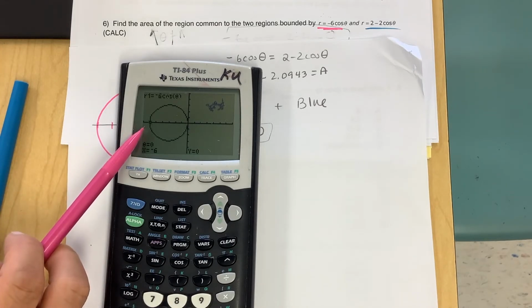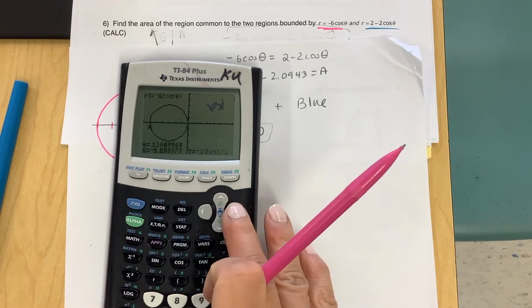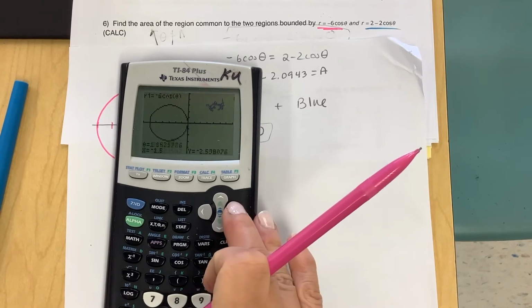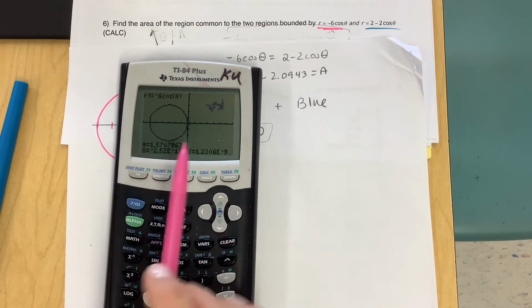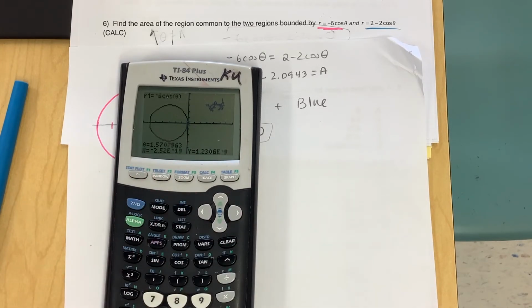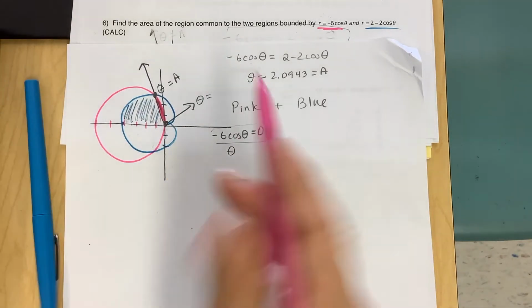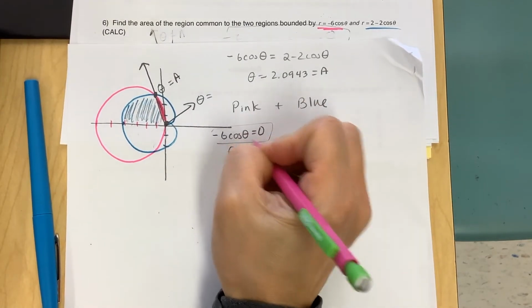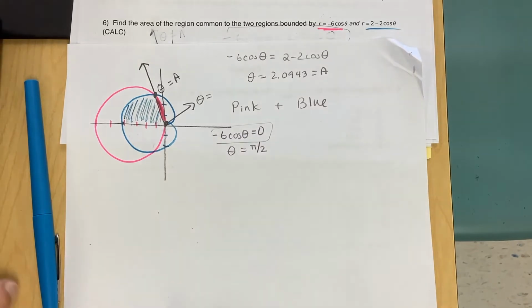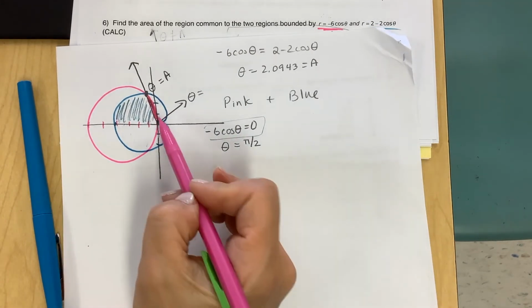Notice that theta equals 0 is all the way over here when r equals 6. So if I trace it out, notice in order to get all the way over here, that is not theta equals 0. It's theta equals 1.5707, etc. That's exactly pi halves, right? Cosine of theta is equal to 0 at theta equals pi halves. So that's the angle that you need.